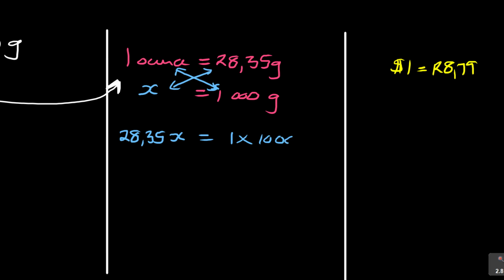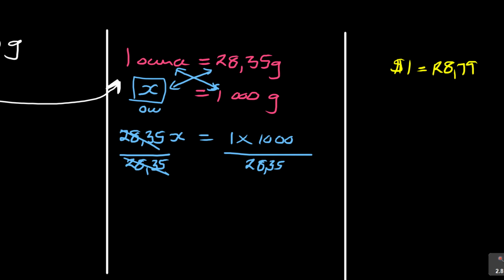You could have done it the other way around, it's fine. Then I need that x. So I divide by 28.35. This is proportion, guys. So look, remember my x falls under ounces. So whatever I'm calculating, it will be ounces. So when we do that, what will be my x? Therefore, x is equal to my 1,000 grams.